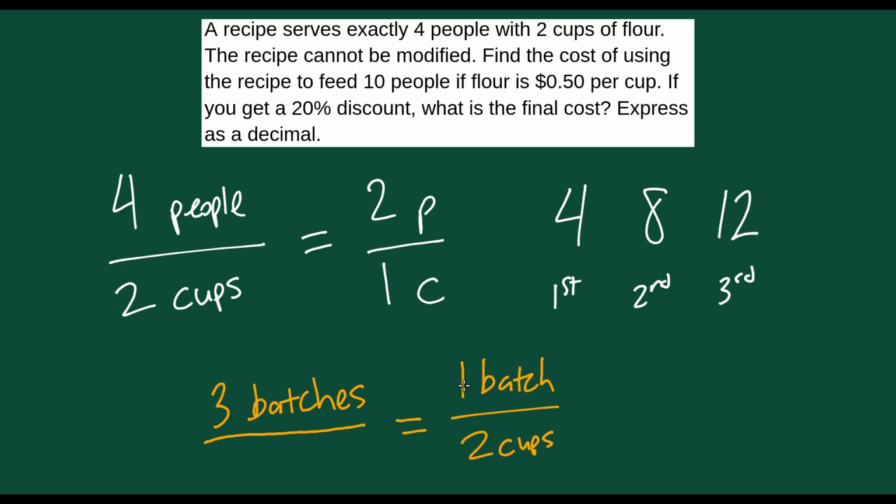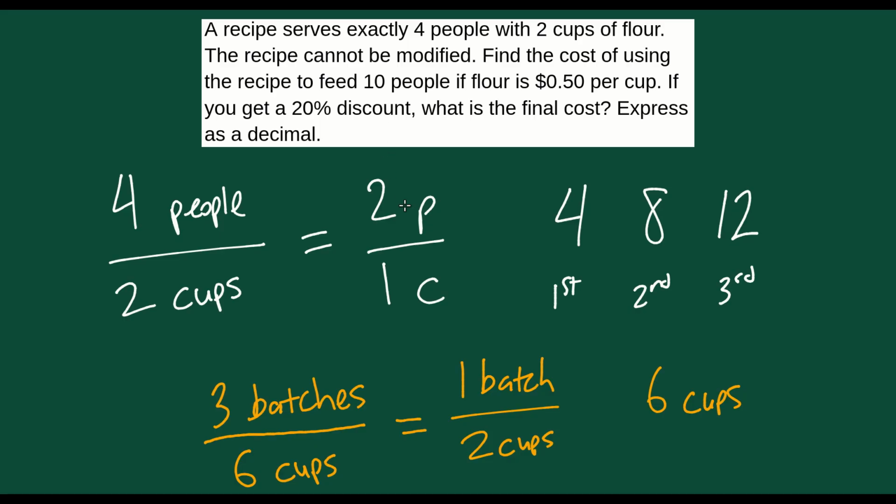Well, 1 times 3 on top. That's what we're doing on top for the batches. So let's multiply the 2 cups by 3. 2 times 3 would be 6 cups. Okay. So 6 cups is what we need to buy to feed 10 people.